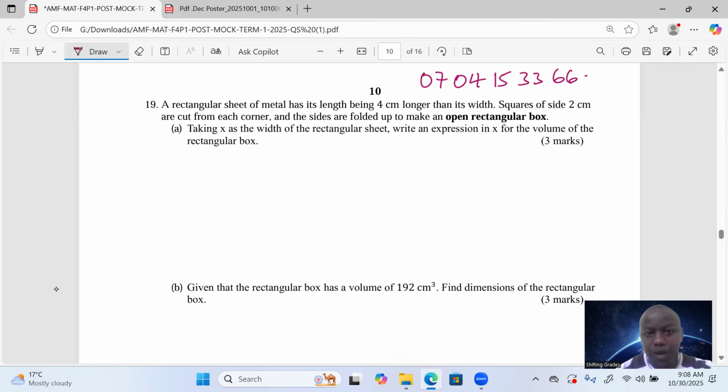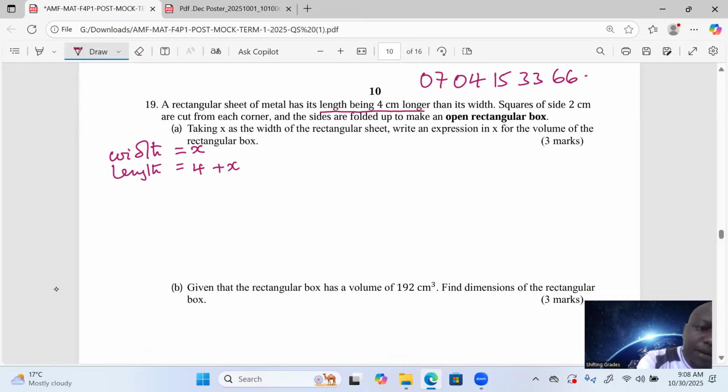The width has been let to be x. Then the length, according to this information, shall be what? Length 4 centimeters longer, meaning 4 plus x. That is now the measurement of the length.